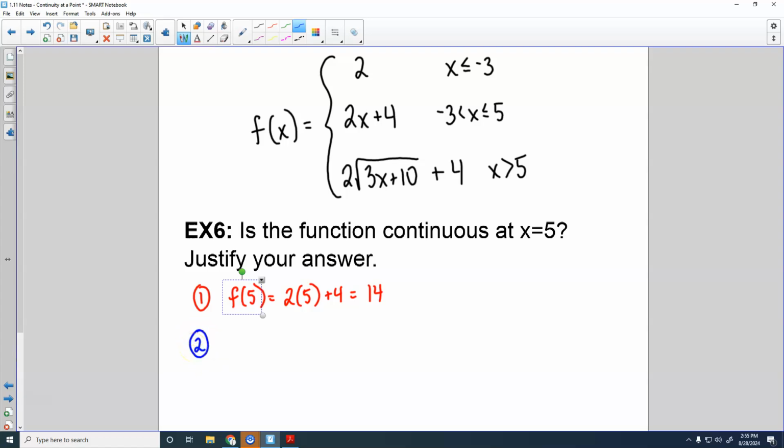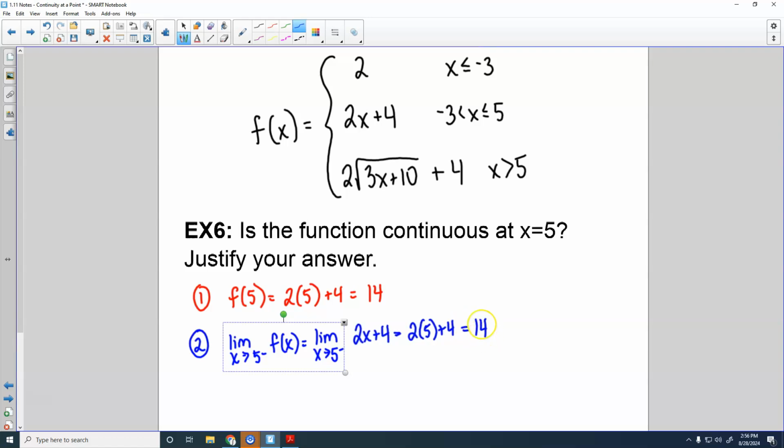The second thing we need to do is check that that limit exists. So we can show the limit as x approaches 5 from the left of f of x is the limit as x approaches 5 from the left of 2x plus 4, which is going to be 2 times 5 plus 4, which also gives us 14.